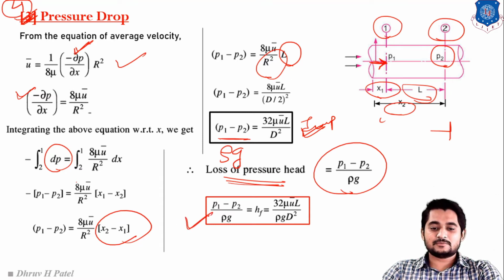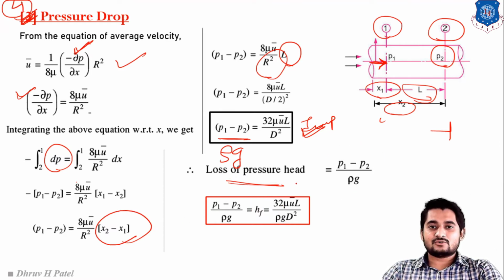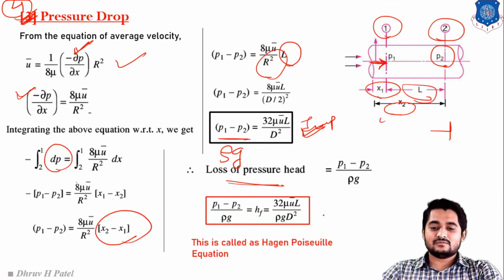That means P1 minus P2 by rho g is equal to head of pressure hf, is equal to 32 mu u L divided by d square, which is the value of P1 minus P2, divided by rho g. So this is our final equation. P1 minus P2 by rho g is equal to hf is equal to 32 mu u L divided by rho g d square. This is known as the Hagen-Poiseuille equation for viscous flow.